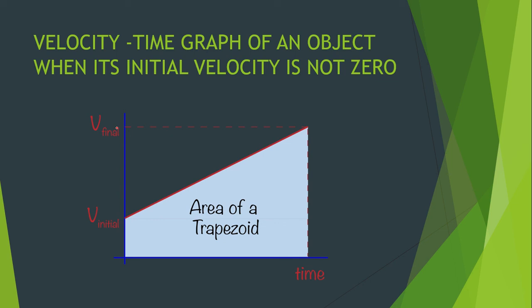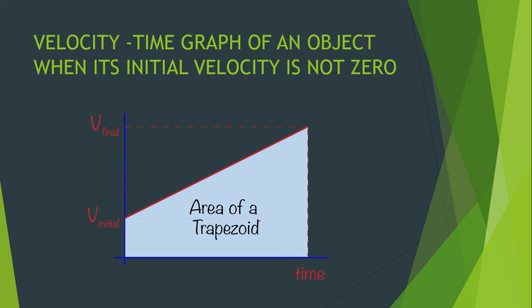So it is very important to note that the shaded portion, which is the area under the main graph line, is the shape of a trapezium, and with the help of the area covered under the velocity time graph, you can even find out the distance or the displacement of the object.